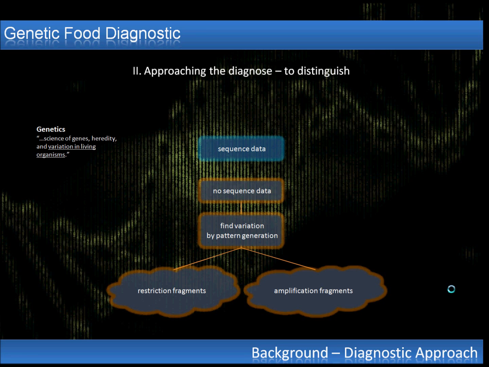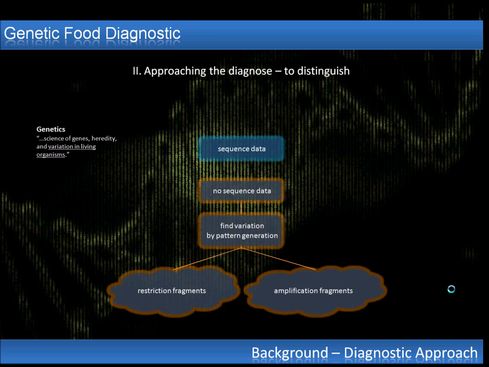One is for these specific plants, sequence data is already available, but this part comes later, so I choose the second scenario first. It's if there's no sequence data available for the plants you want to distinguish genetically.